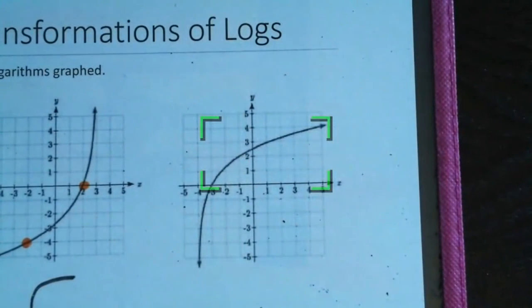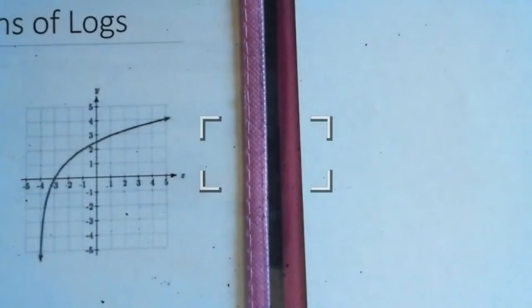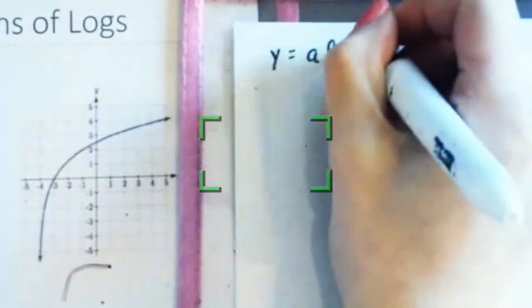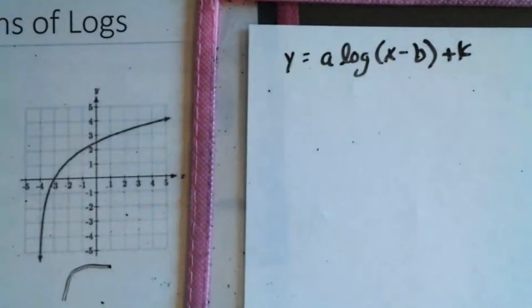Let's try this third graph here. Does that look like a normal logarithm graph? It sure does. So we get to use the regular formula. y equals a times the log of x minus b plus k.